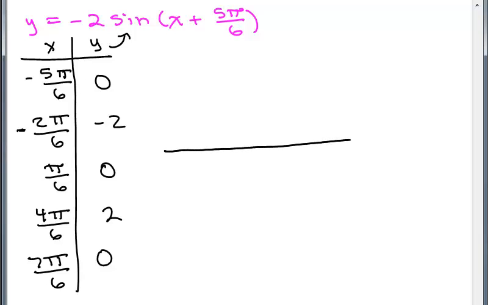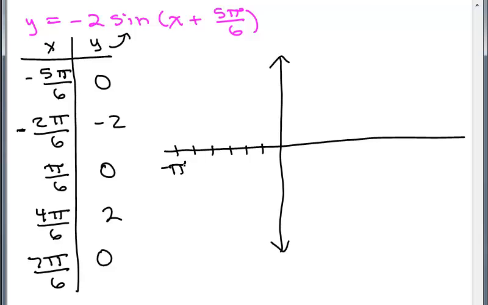Now, this is the very important point. To make your graph look correct, you've got to be careful. Now I'm going in between negative 5 pi over 6 and 7 pi over 6. So I'm going about 5 to the left and 7 to the right. So I'm going to put my y-axis about right here. 1, 2, 3, 4, 5, 6. That's going to be negative pi.